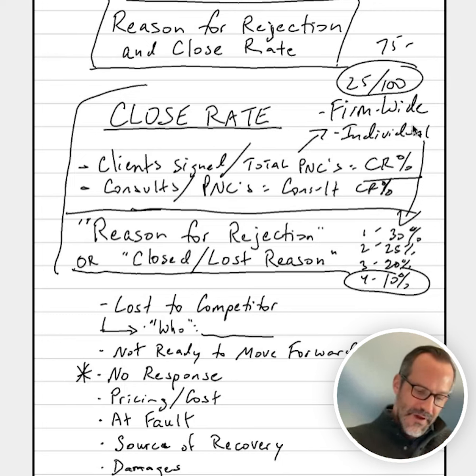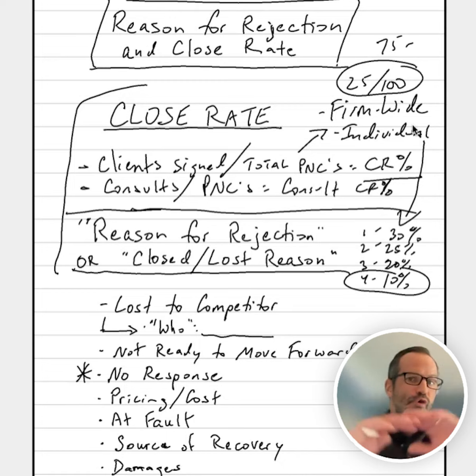So my advice would be don't have overly broad reasons, but at the same time, you don't want to have 50 different reasons because then your data set is not big enough to tell you anything. You're going to have 2 here, 3 here, 4 here. You're not going to be able to make decisions from analysis as easily.